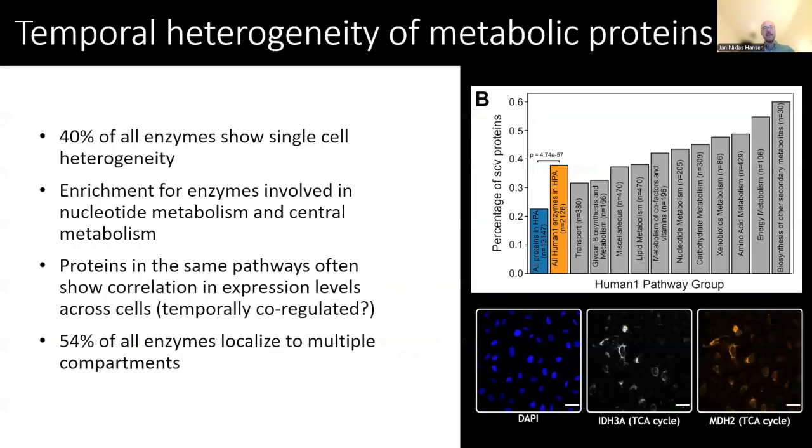And we see that for metabolic state variations, the pleiotropy and heterogeneity is particularly high. So 40% of all the enzymes show single-cell heterogeneity. This can even be related to a certain metabolic function. For example, here we see two enzymes from a TCA cycle, and they are equally varied across cells, which shows that basically whole pathways are heterogeneous among cell populations.